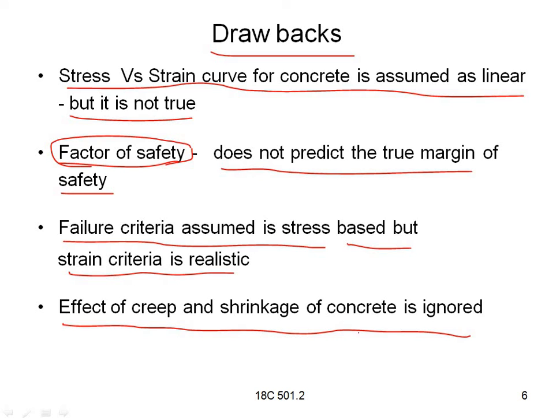And what is the shrinkage here? The shrinkage is a volumetric change of concrete due to moisture loss without application of any external loads. So the volumetric change is nothing but, when concrete is mixed, the changes will appear.